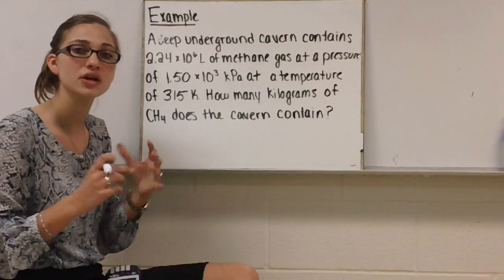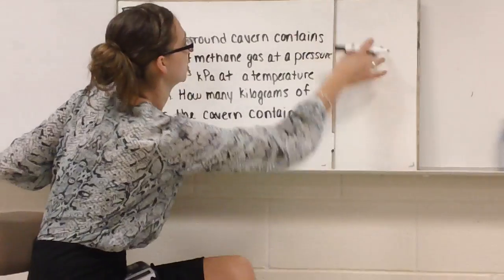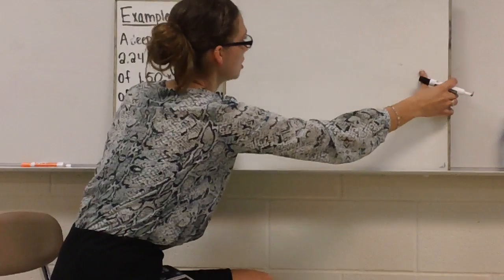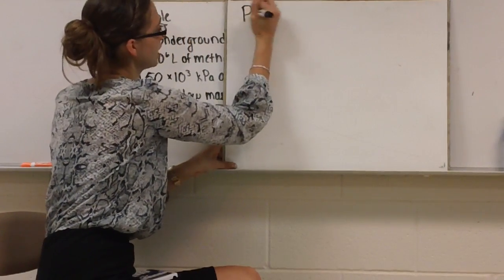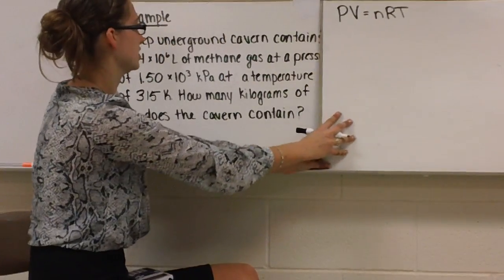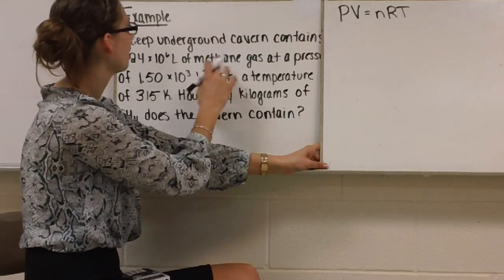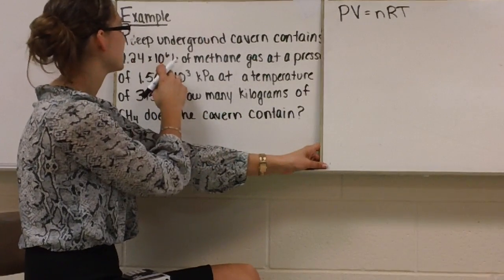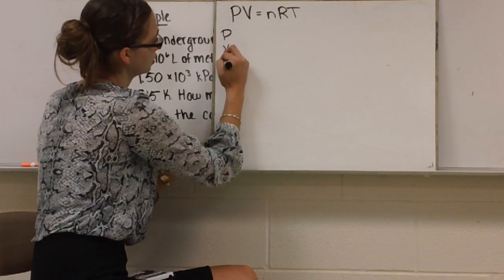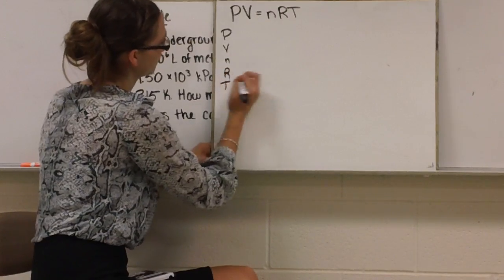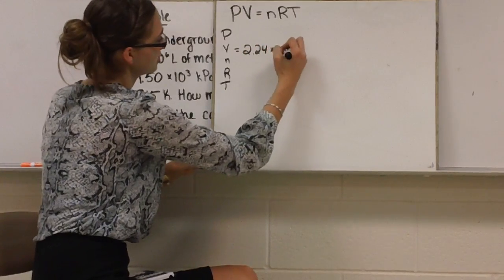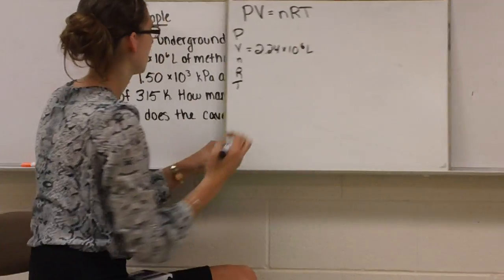Alright, so the first thing that we should do here is write down all of our givens. So we know that our ideal gas law is PV is equal to nRT. Let's look at our givens here. It says that a deep underground cavern contains 2.24 times 10 to the 6 liters. So liters is our volume. What else does it give us?